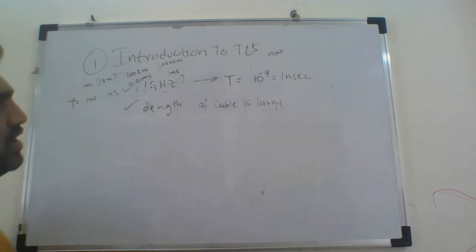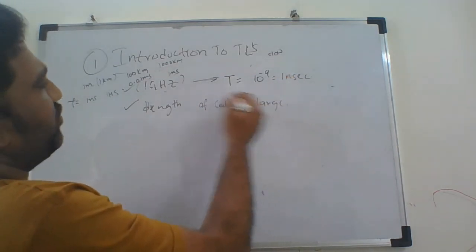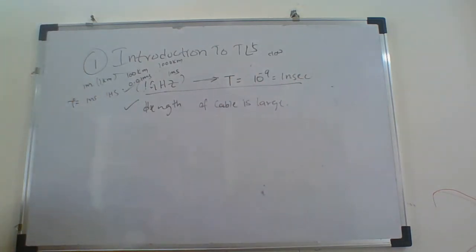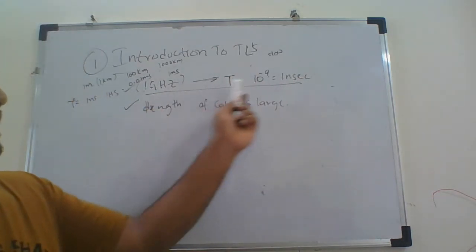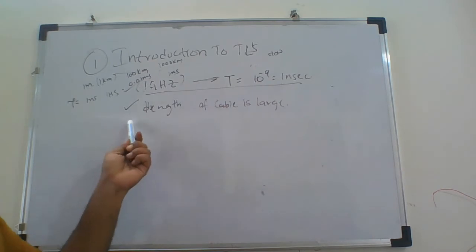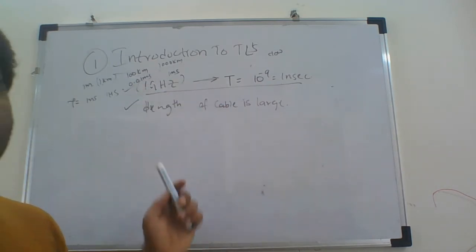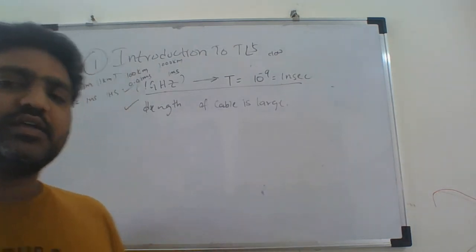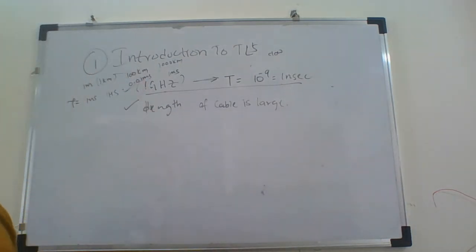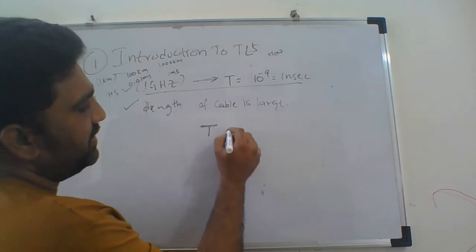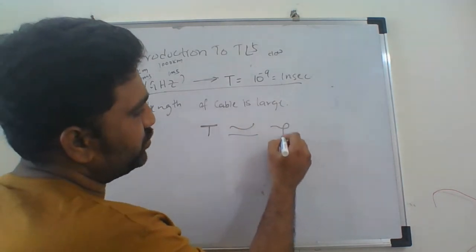So when either of these two things happen, if the frequency of the signal is very high, or when the length of the cable is very large, let's say in kilometers, in either of these two cases we can see that the time period of the signal is becoming comparable to the transit time.